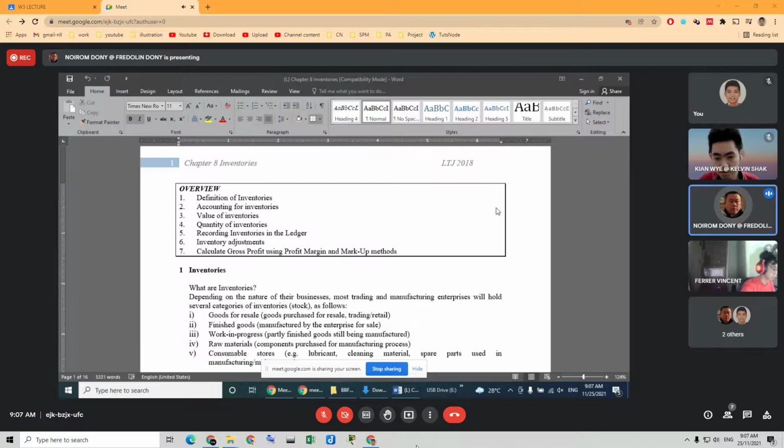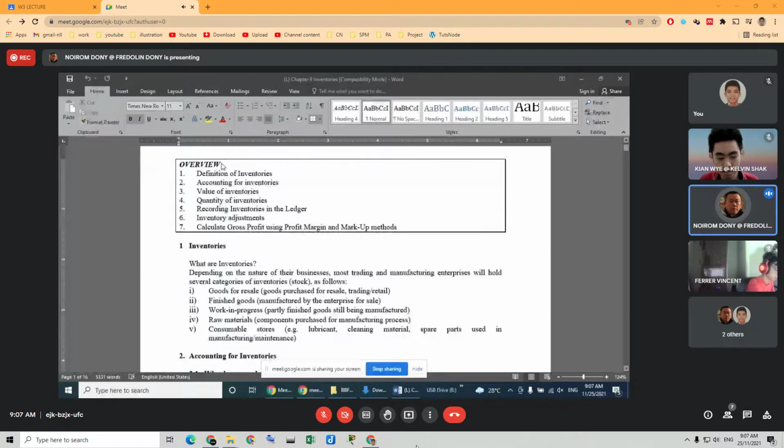So the first thing that we need to understand is the definition, what is inventory? And then the second thing is accounting for inventory. Accounting for inventory is referring to the process of recording. And then value of inventory. So inventory, as you know, consists of different grade, different prices.